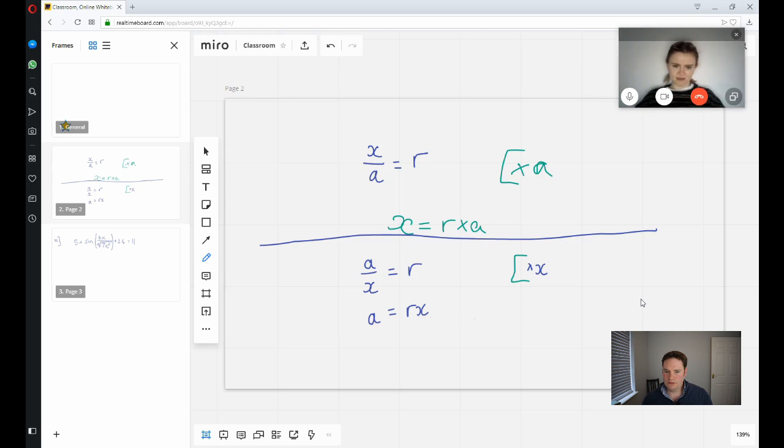Yeah, if we divide both sides by r. So x equals a over r.